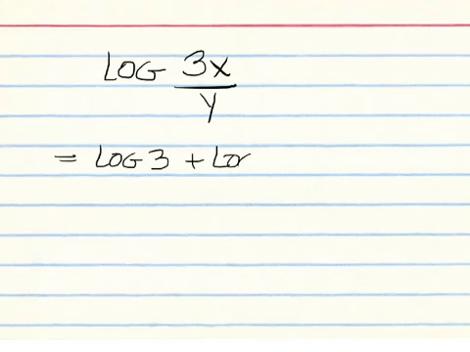Things together. We have log of 3x over y. You can break this up as log 3 plus log x minus log y. What can I break this one up as?